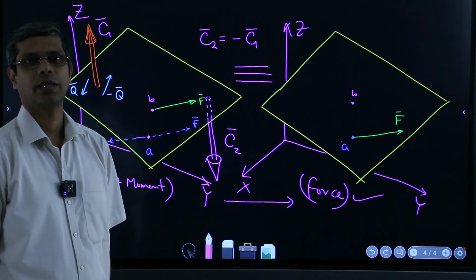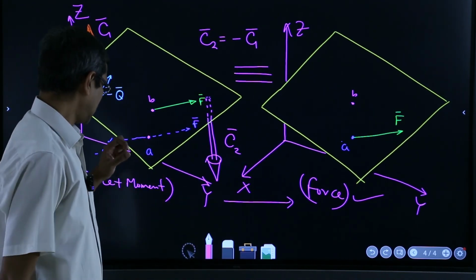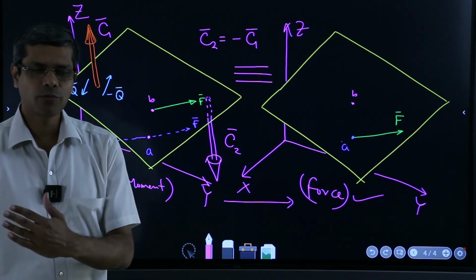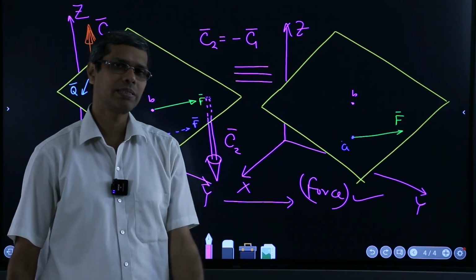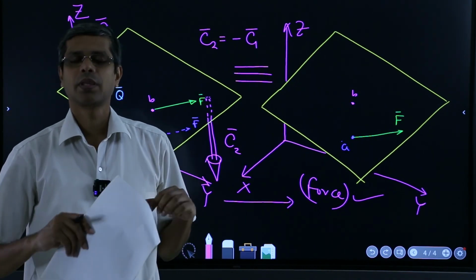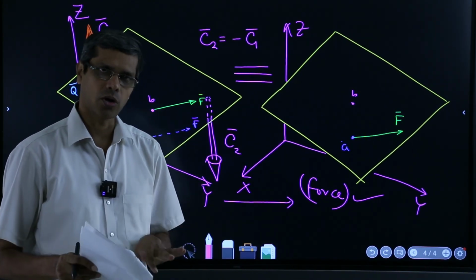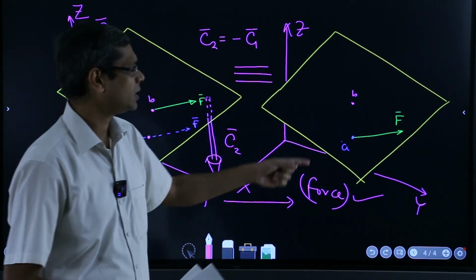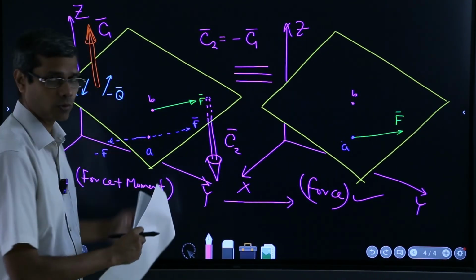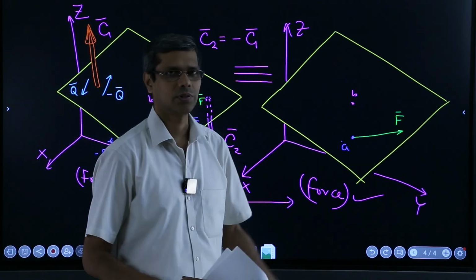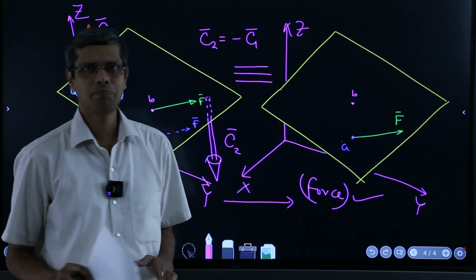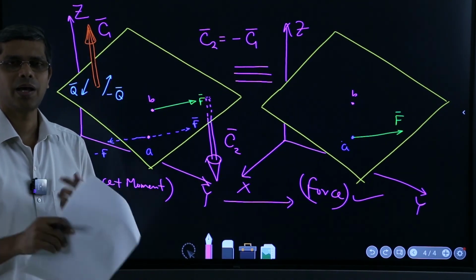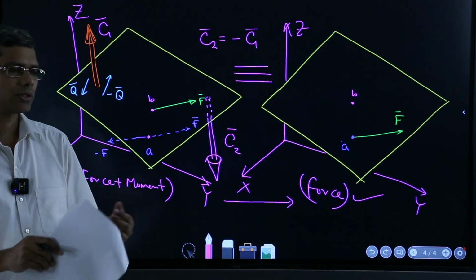Is that fine? So this skill of moving a force and compensating this movement with a couple moment, or vice versa, substituting a couple plus force system with just a force system, is a skill you should acquire and get comfortable with by practicing on many problems.